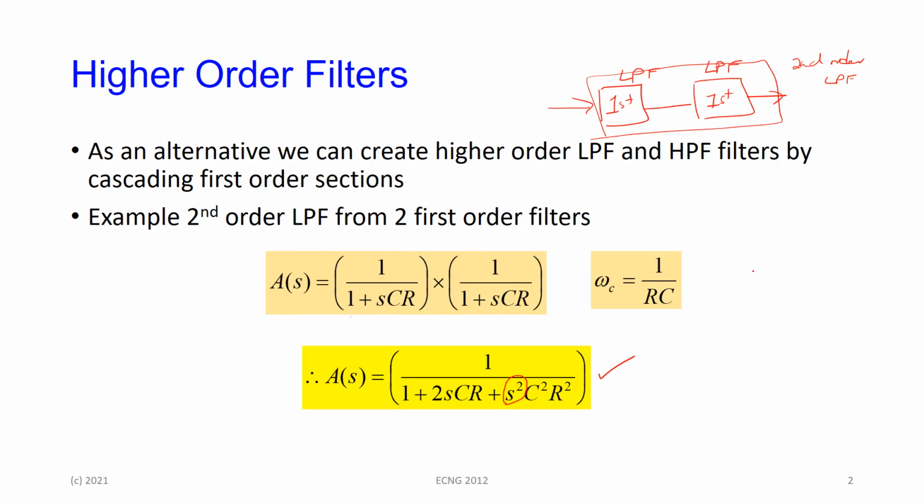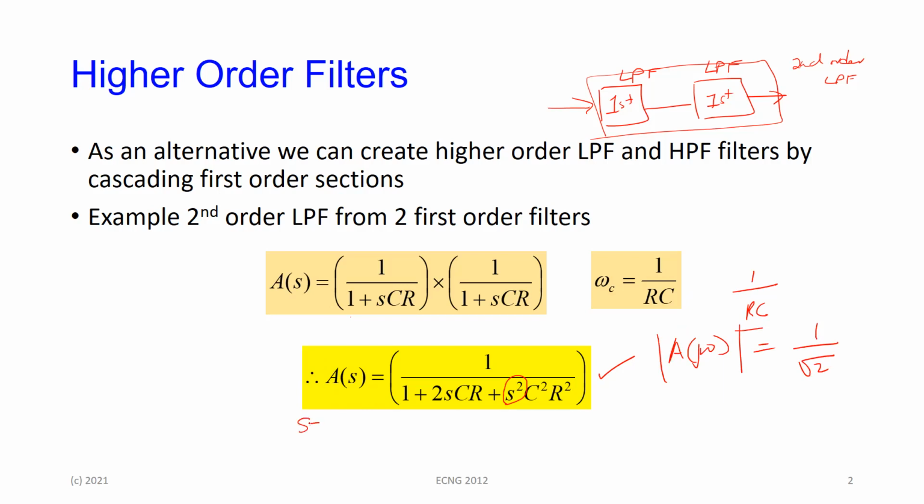The cutoff frequency is 1 over RC. Remember, we define the cutoff frequency as the frequency where the amplitude of A(j omega) was equal to 1 over root 2. So when the amplitude of the frequency response.